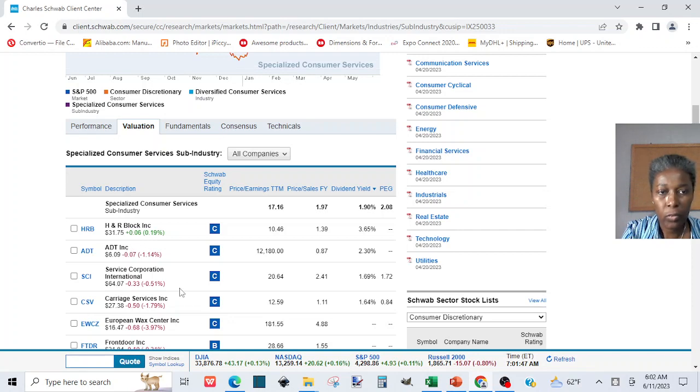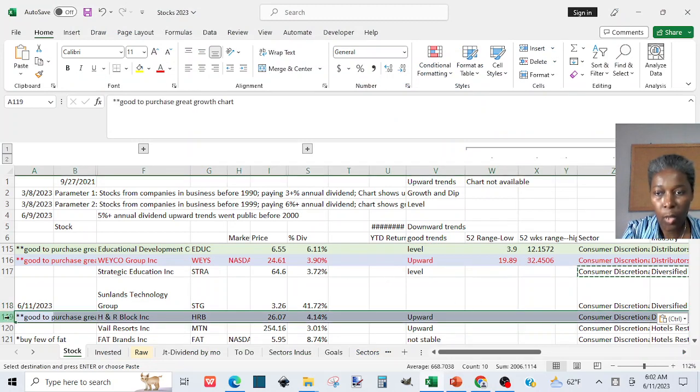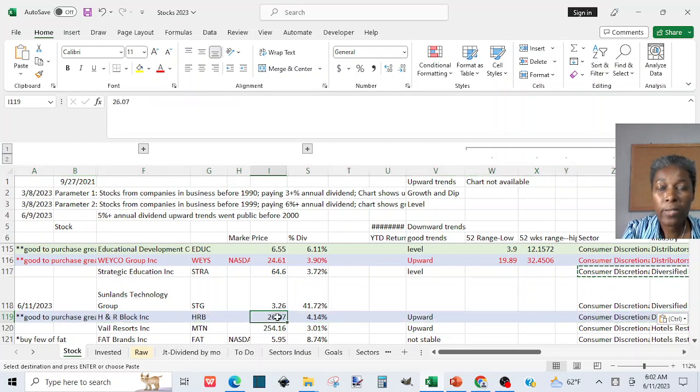So we are going to see if we have H&R Block in our spreadsheet or we will add it. And here we have H&R Block. And depending on when I did this search, the price will change, and probably the dividend yield as well.